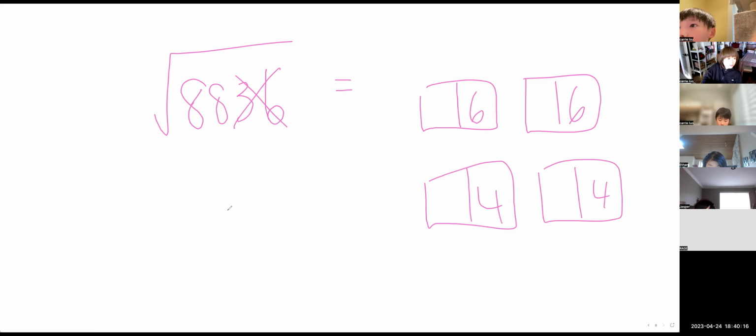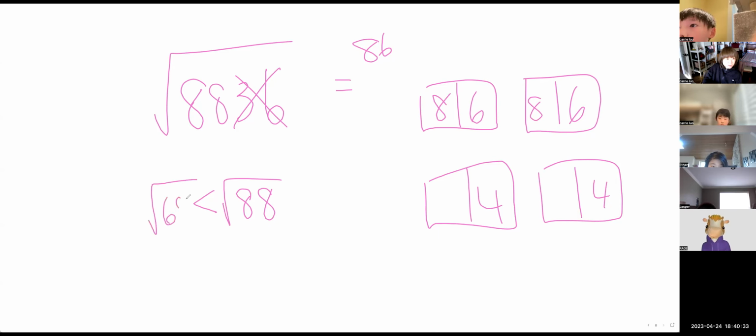Okay, Jasper, I need you to focus. So square root 88. You tell me the answer is 86. You think 86 is the answer. So if you think 86 is the answer, then square root 88 should be bigger than 64 and smaller than 100.